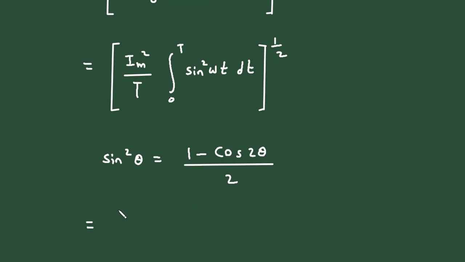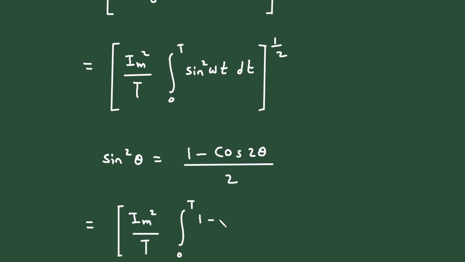It is equal to square bracket, then Im square divided by T. Now integral from 0 to T. Now in place of sin square omega t, we will put this formula.